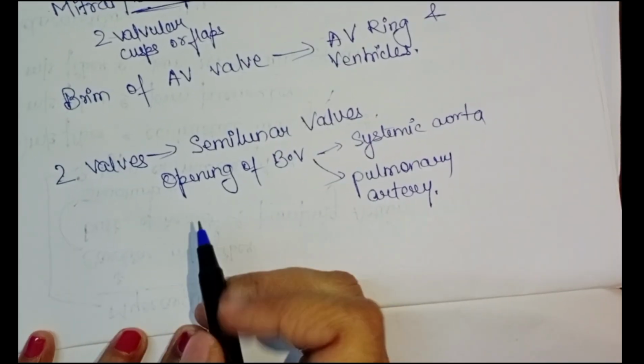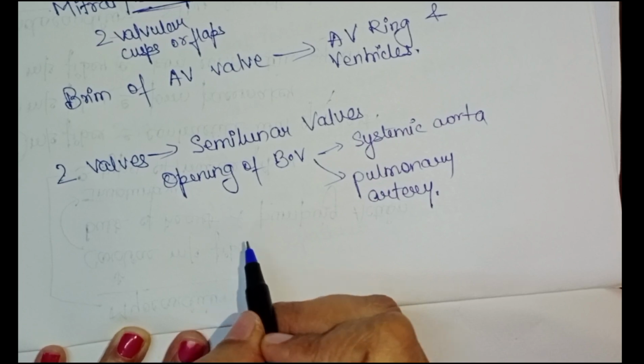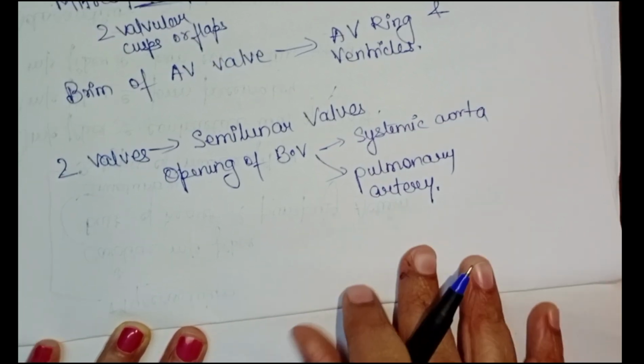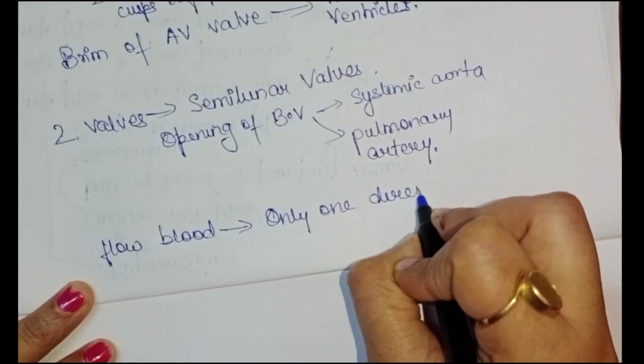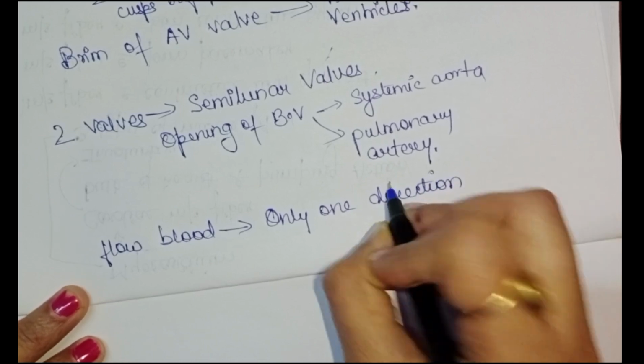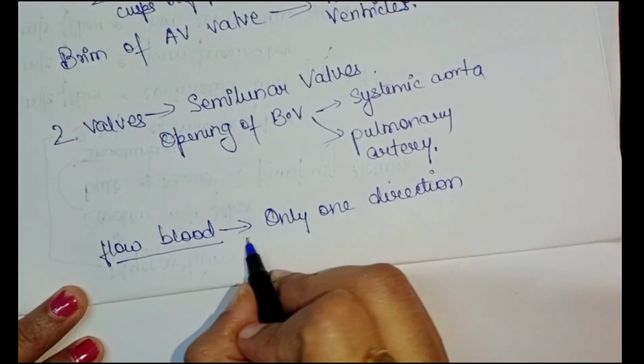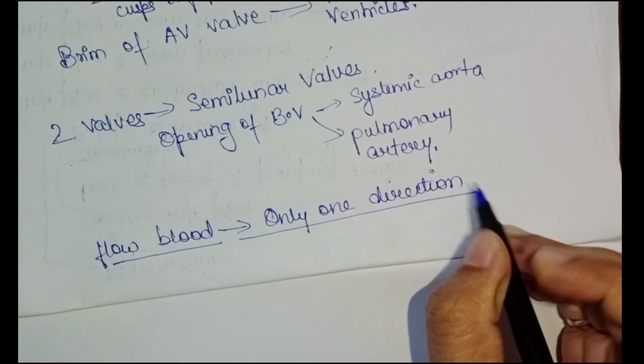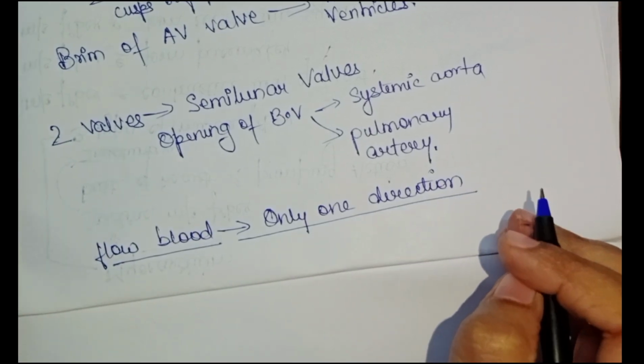Valves of the heart permit the flow of blood through the heart in only one direction. The significance of the valve is that it allows the flow of blood in only one direction and prevents the backflow of blood.